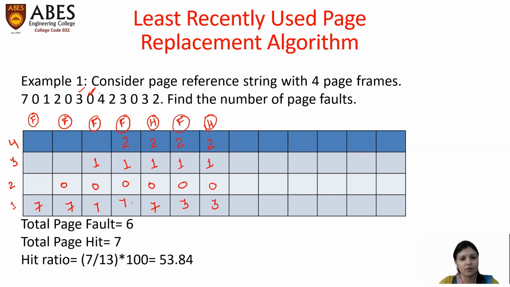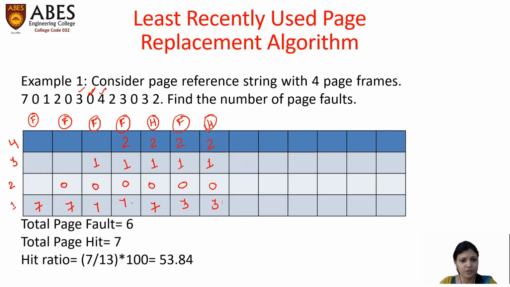Next value is 4. We will check whether 4 is in our memory frame. It is not in our memory frame. Now we will see which page we have to choose to replace it with. We are using the least recently used page replacement algorithm, so we will choose which page out of these 4 pages was least recently used. 3 was used just before this page.